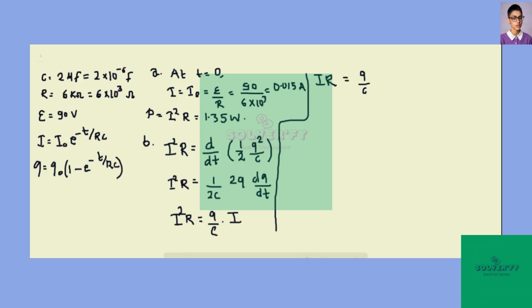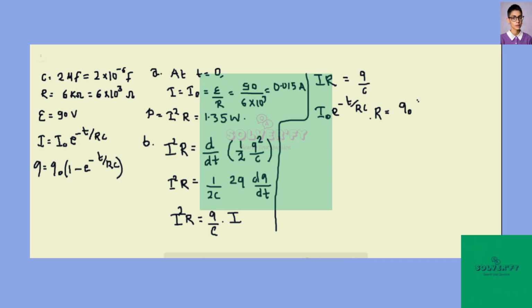Now what can we do? What we can do now is just plug in the values of I here. So this becomes I naught e to the power minus t by RC times R is equal to q by C, right?